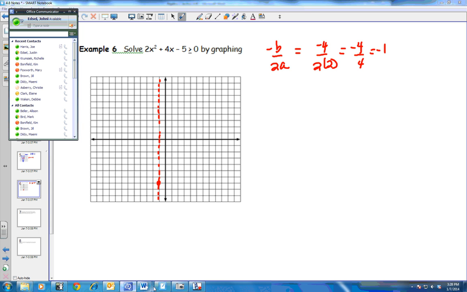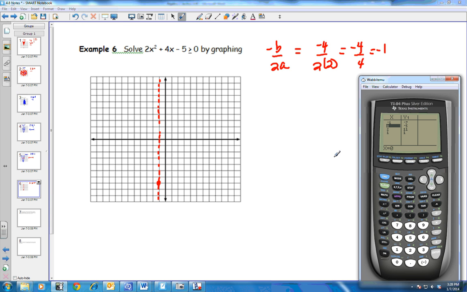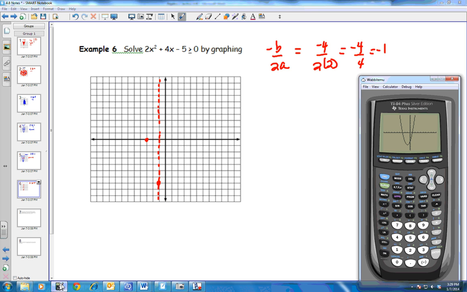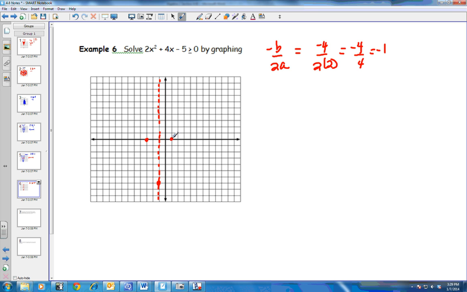Okay, now let's see by graphing where it crosses the x-axis. See if we can tell just by looking. Okay, it crosses at what? -3. 1, 2, 3. And at 1. Okay, now this time it's a solid line because it's greater than or equal to. So I'm going to sketch that in.